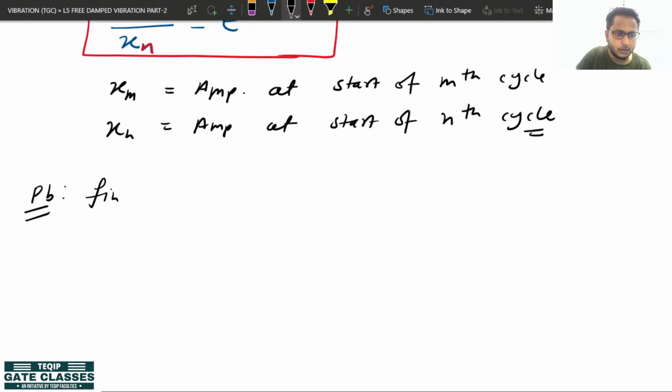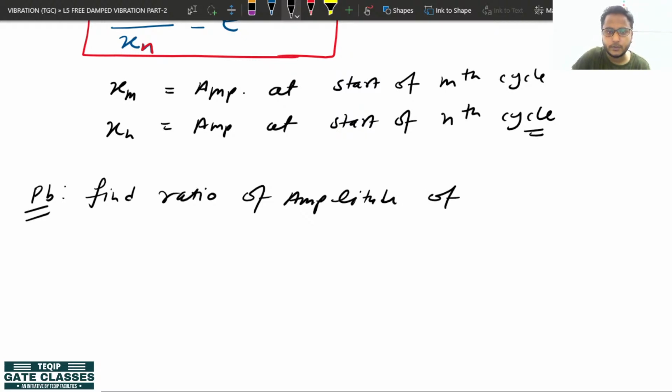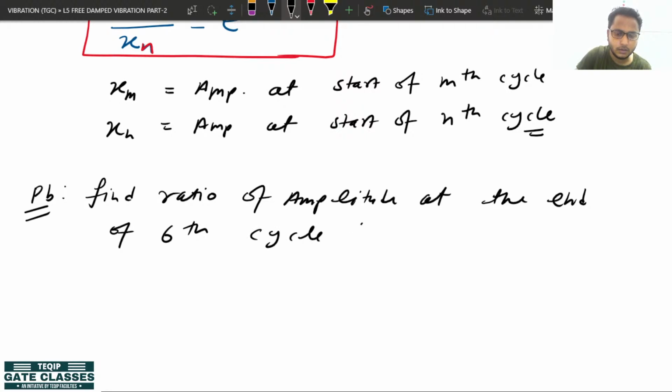Find the ratio of amplitude at the end of the sixth cycle to the start of the 18th cycle.